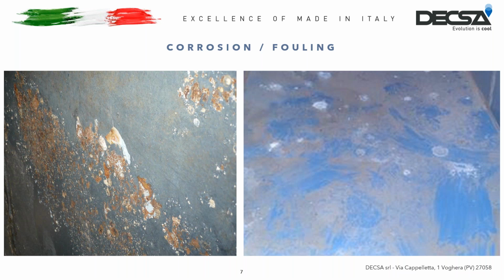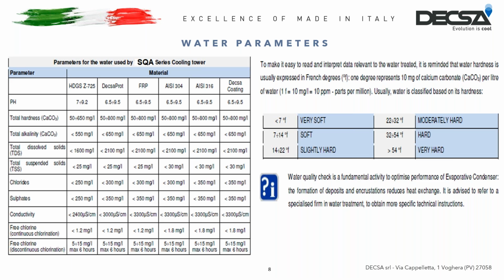Regarding this eventuality, I allow myself to open a parenthesis. In addition to proper maintenance, the integrity of every unit is also subject to proper water treatment, which must be carried out by a specialized company. Upon delivery of a new unit, the user receives the use and maintenance manual, both by email and in paper format.